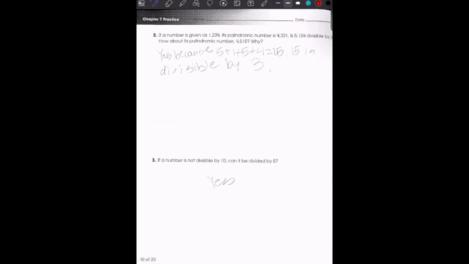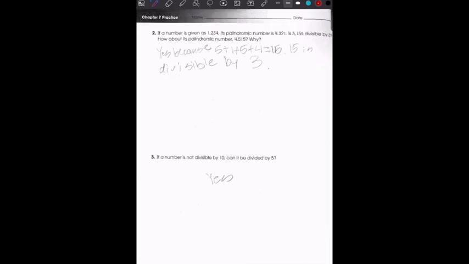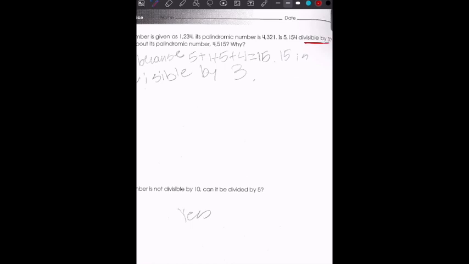And then the next problem says, if a number is given as 1,234, its palindromic number is 4,321. So we just switched from the very end to the very beginning. So that's our palindromic number. And is 5,154 divisible by 3? And how about its palindromic number, 4,515? Basically, if we're checking for divisibility by 3, then we only have to consider the sum of the digits.